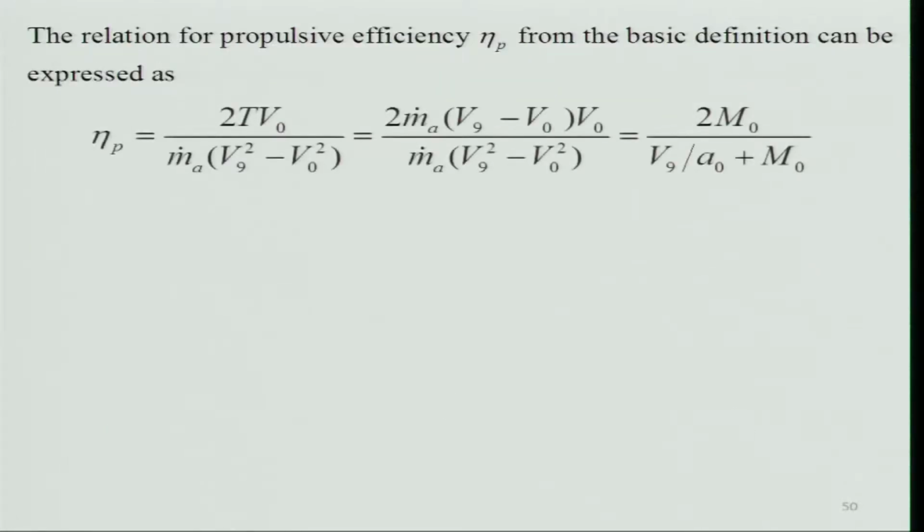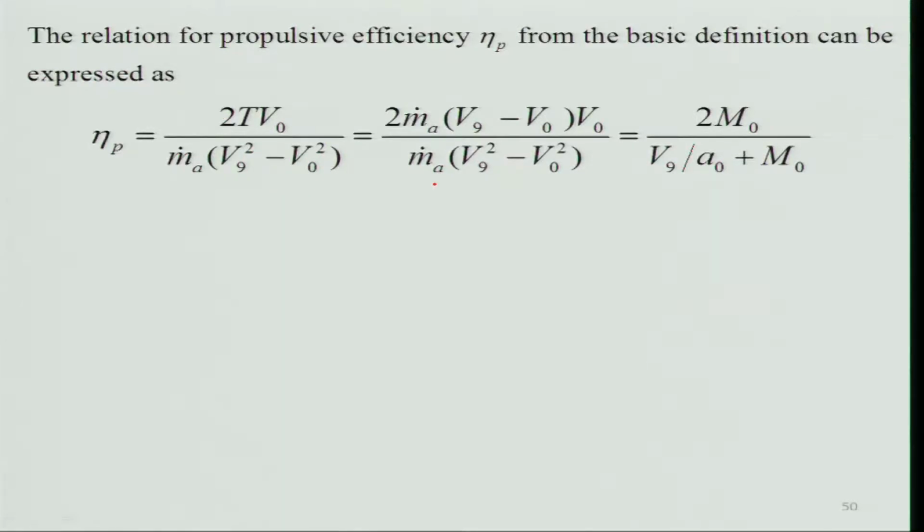So the relationship for propulsive efficiency, we can write down 2 over V, basically the thrust power divided by the kinetic energy change in the engine, that is m dot (V9 square minus V0 square) divided by 2.